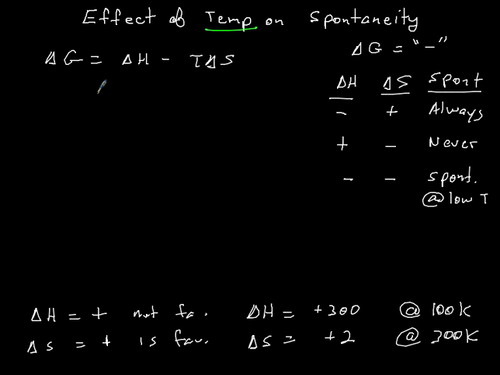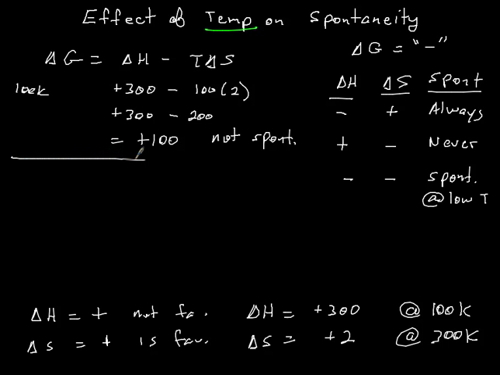At 100 Kelvin, the enthalpy change is positive 300 minus the temperature of 100 times the entropy, which is 2. So that's positive 300 minus 200 equals positive 100. So it's positive, that's not spontaneous.